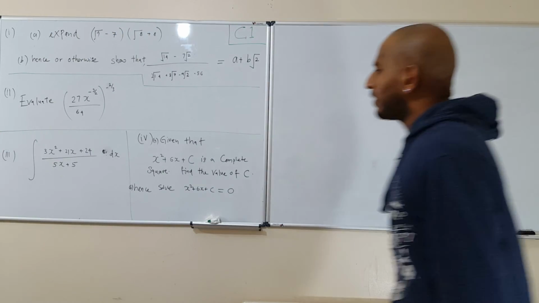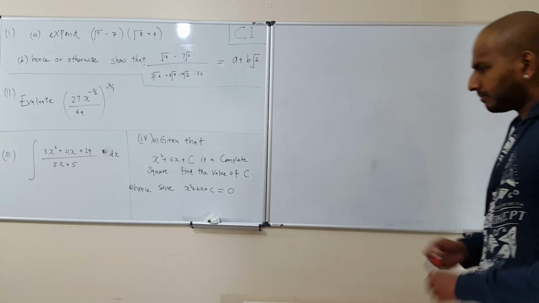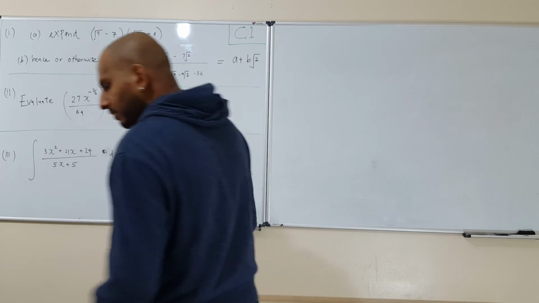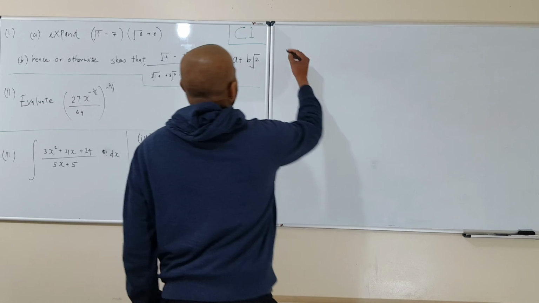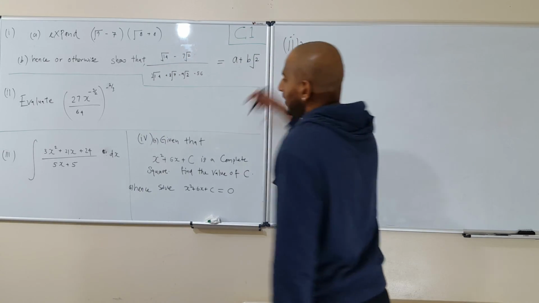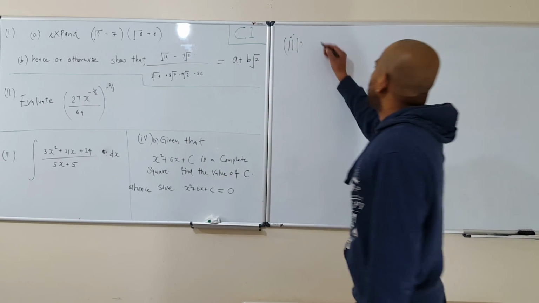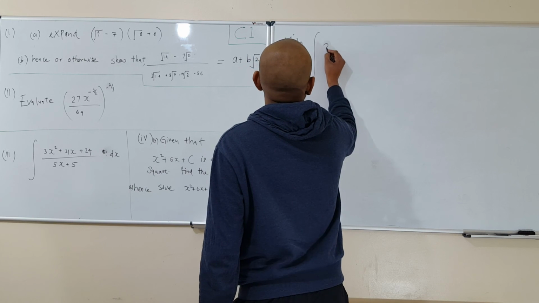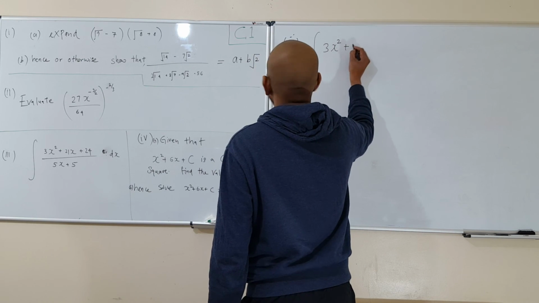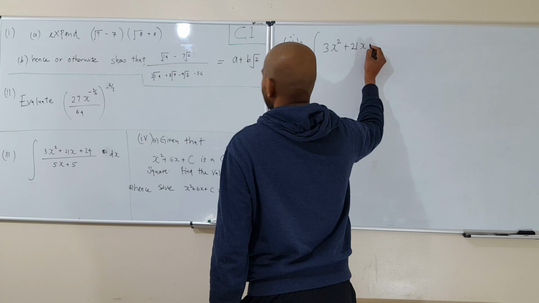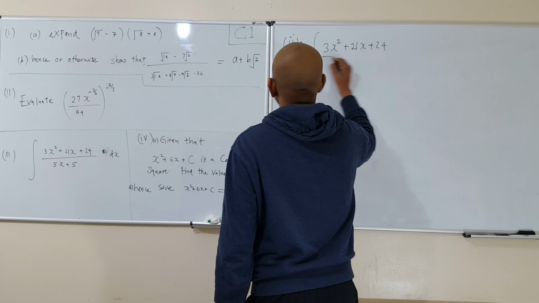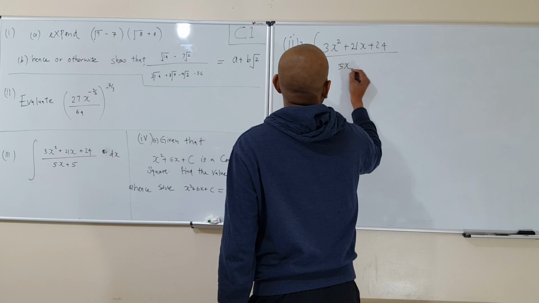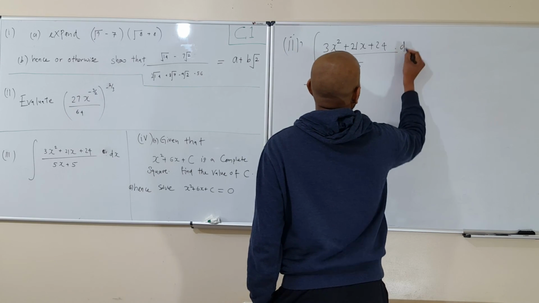Right, the third question is an integral. Number 3: integrate 3x squared plus 21x plus 24 divided by 5x plus 5 dx.